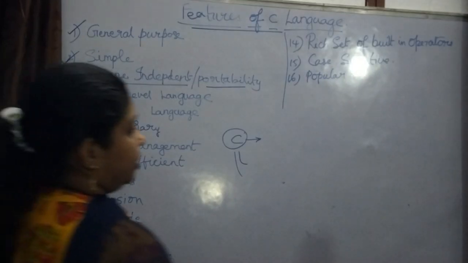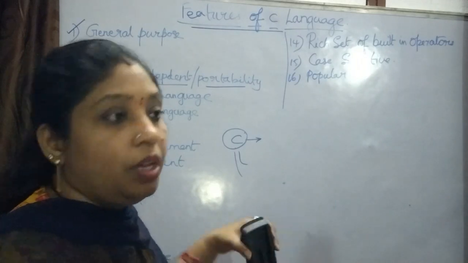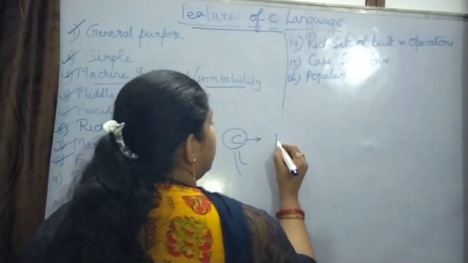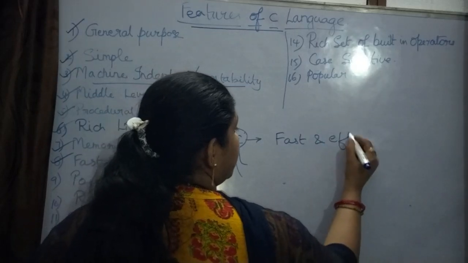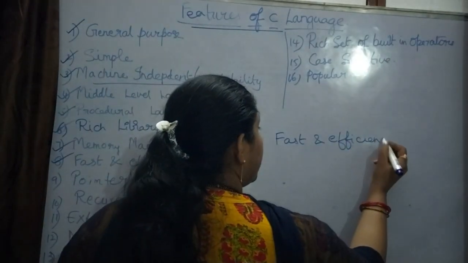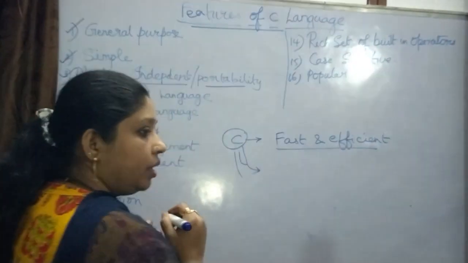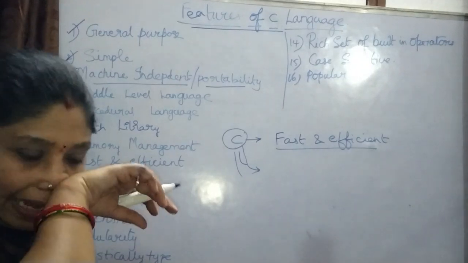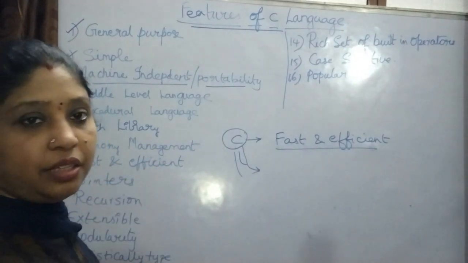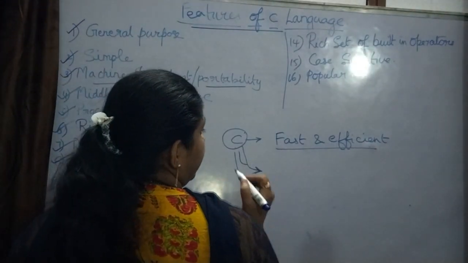Next is fast and efficient. C programs are very simple, and this is one of the features: fast and efficient. Why do we say so? Now you have written a C program. This C program is executed very fast, and it gives out the answer very fast. Why is that?